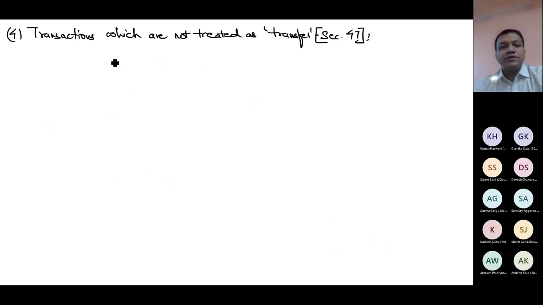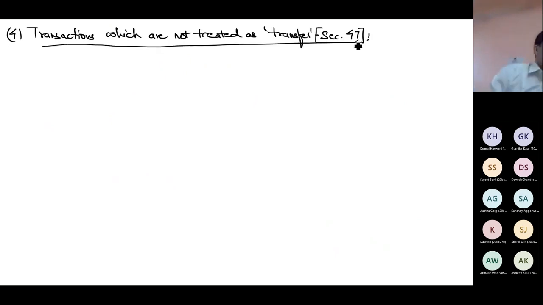Section 47. So which transactions do you have to learn? Very small language I will use, but you have to read it yourself.